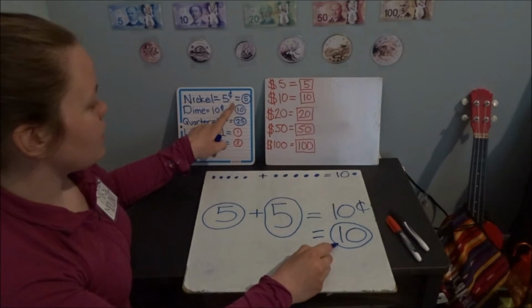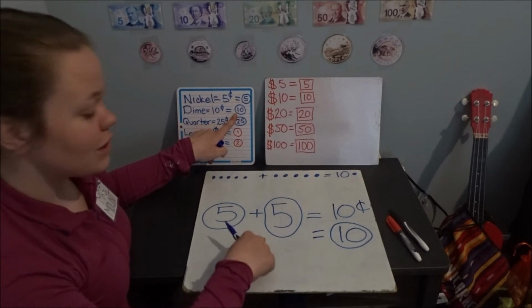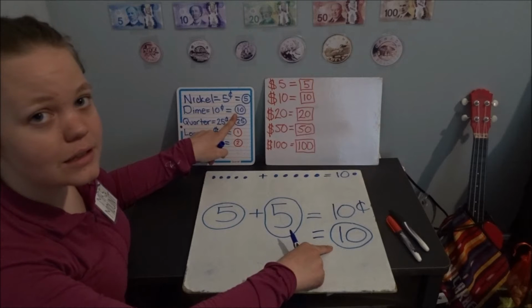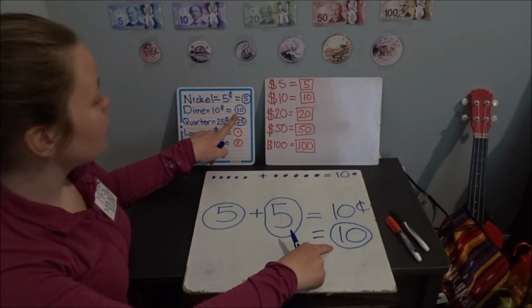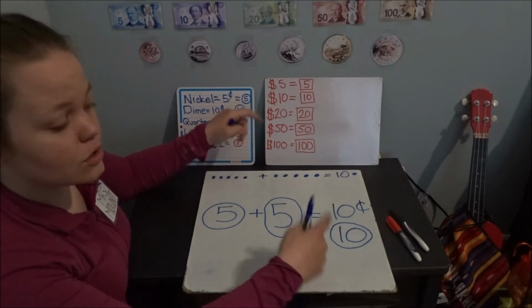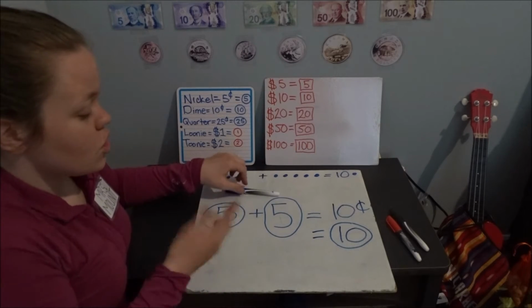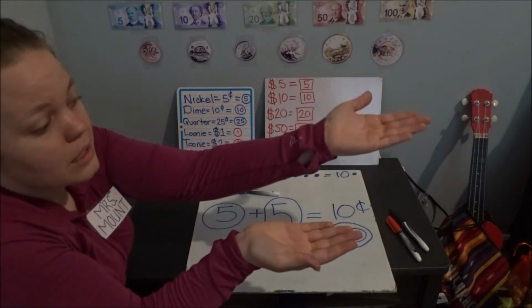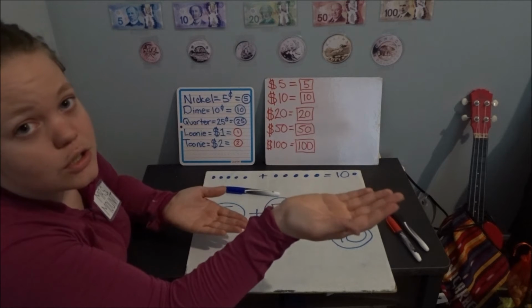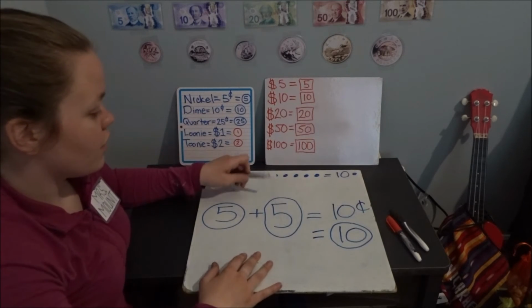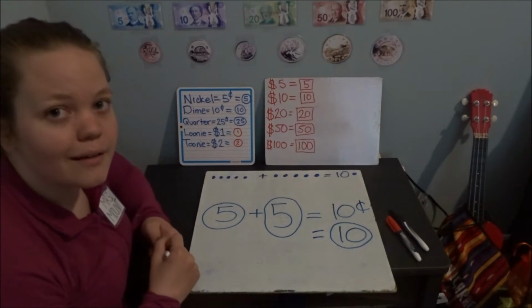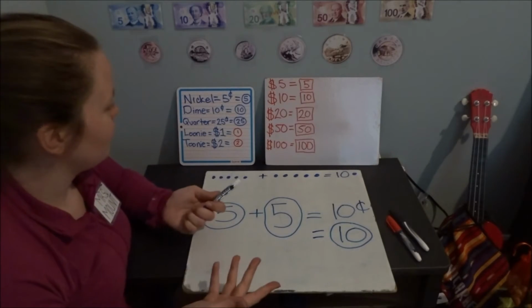So, a dime is equal to 10 cents, and 2 nickels are also equal to 10 cents. So, if we wanted to, we could exchange, so we could give somebody 2 nickels, and they could give us a dime in exchange. They are worth the exact same. How cool is that? Right?